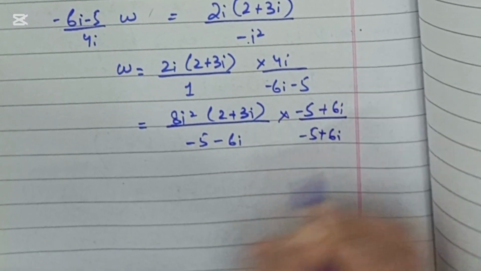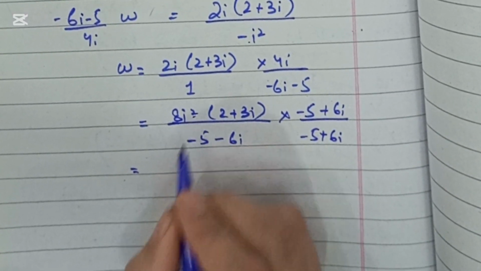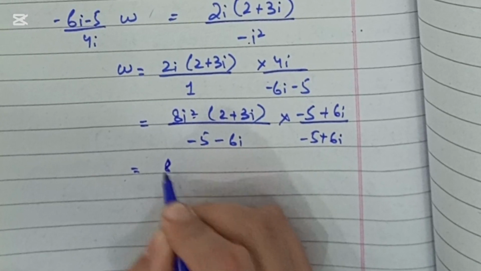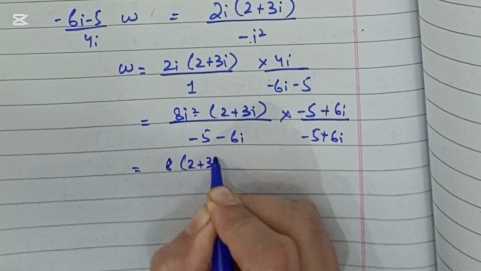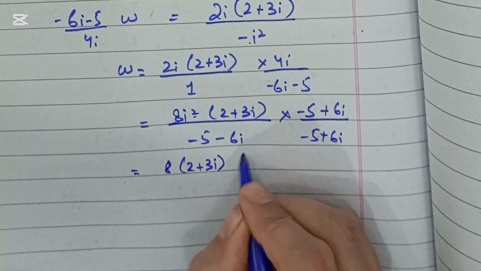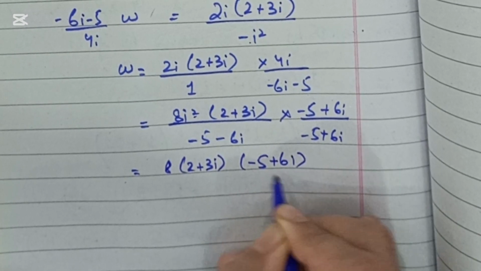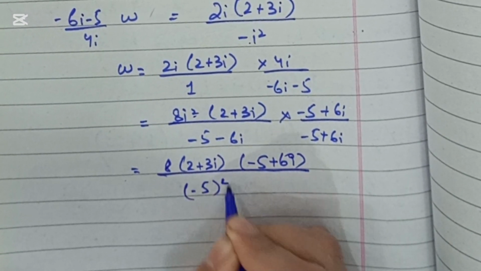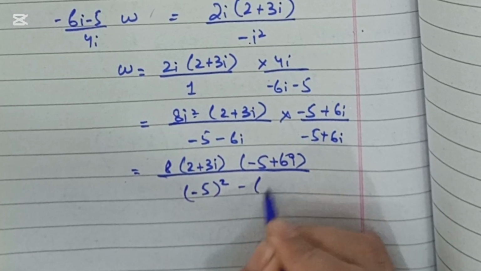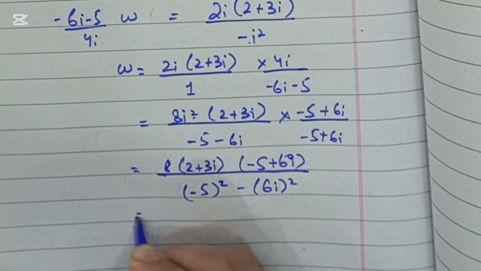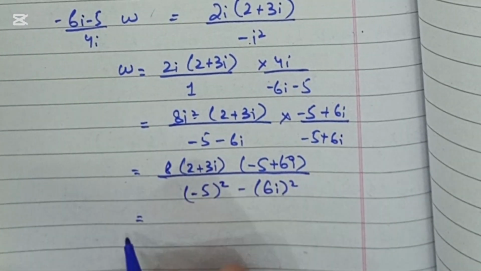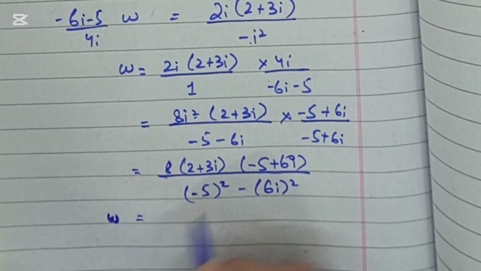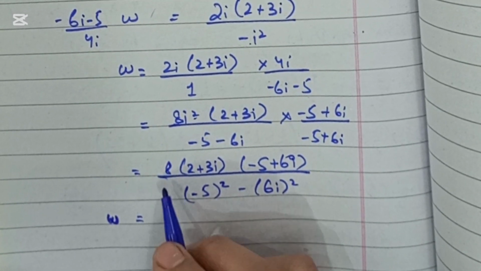Okay, so iota square is minus 1, it will be 8 into 2 plus 3 iota, and minus 5 plus 6 iota. In the denominator it will be minus 5 square minus 6 iota square. Here it is W. Okay, so multiply now.